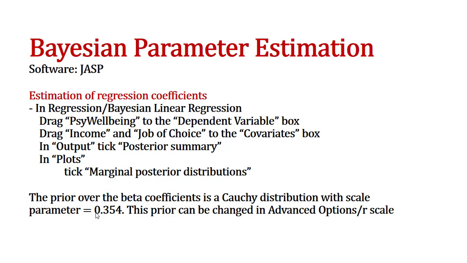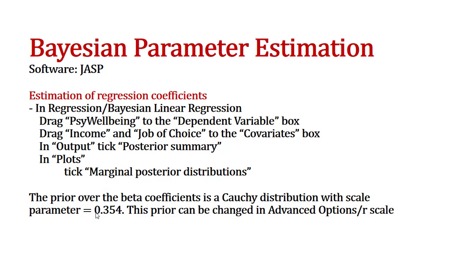And when JASP does the calculation, it uses standardized values, so it calculates the standardized, and that's why it centers on 0 and not on other values. So basically the idea is that the same prior would work for any parameter, but obviously if we were using unstandardized parameters, the prior shouldn't be the same for each parameter.